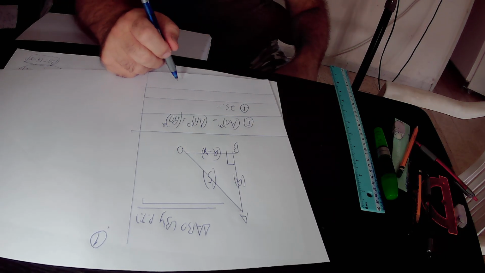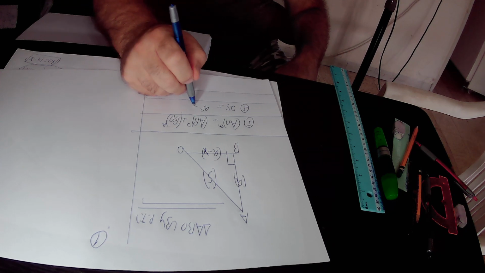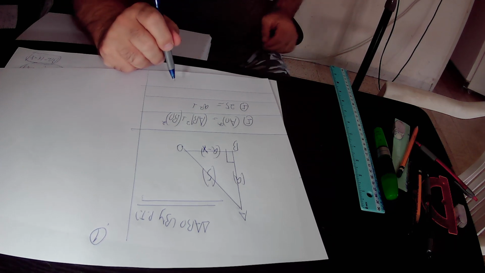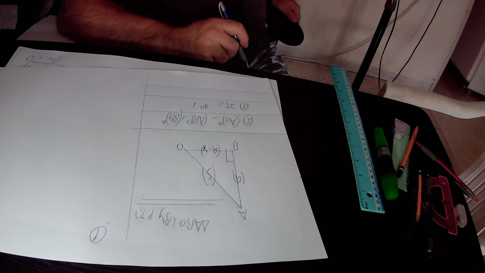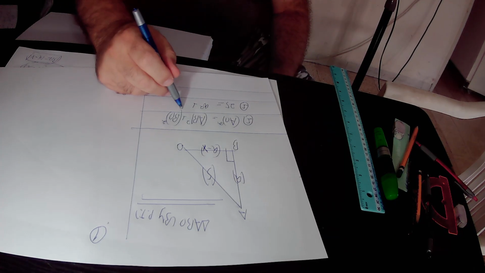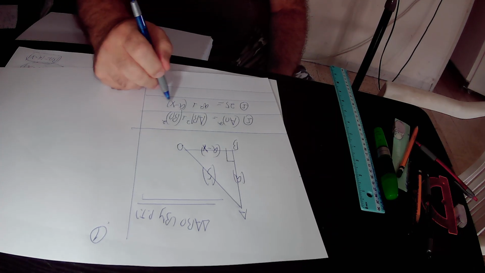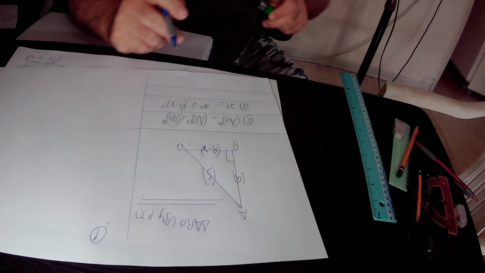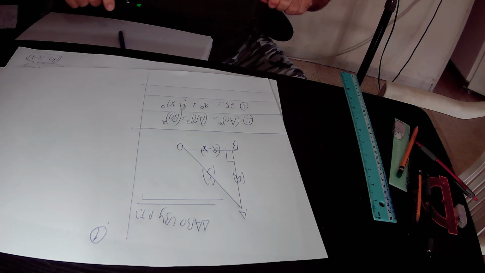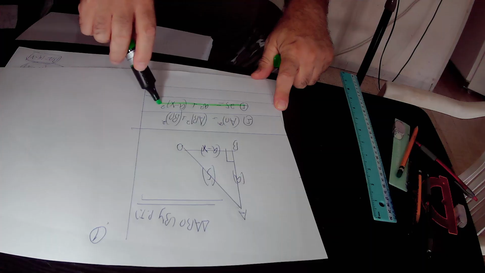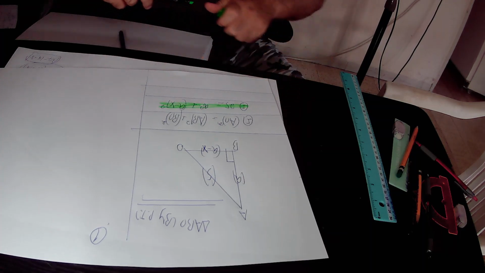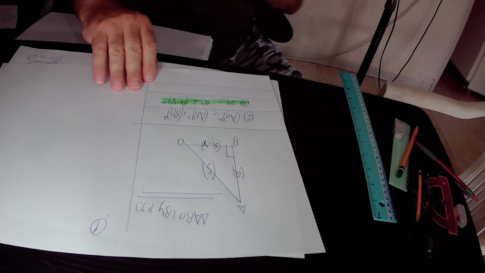AB is A, therefore AB square is A square, plus BO square. BO equals A minus X, therefore BO square equals A minus X squared. So in total, according to equation 1, we found that 25 equals A square plus A minus X squared.